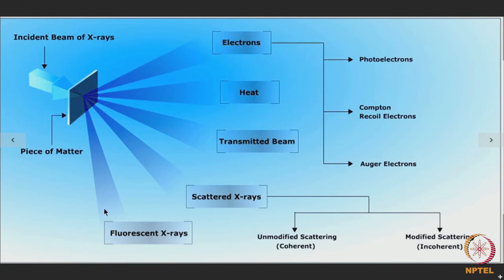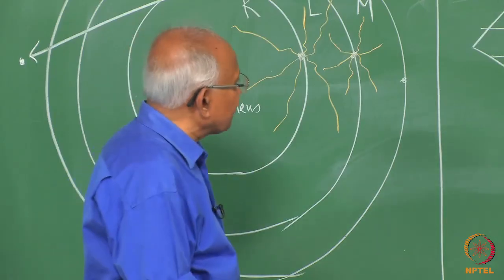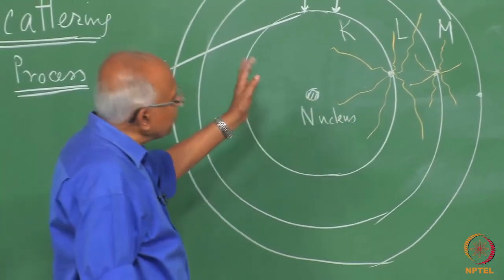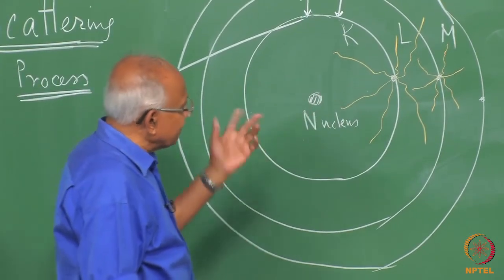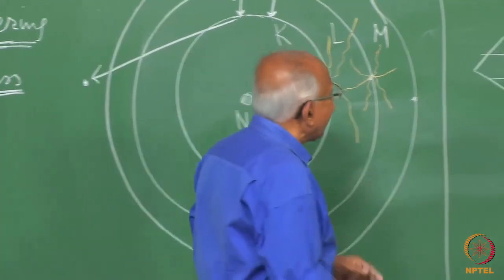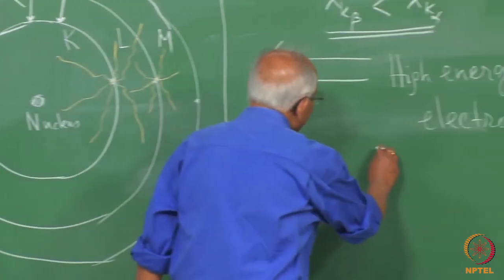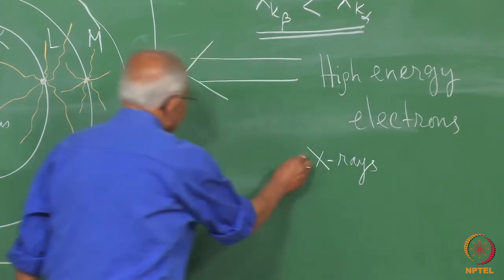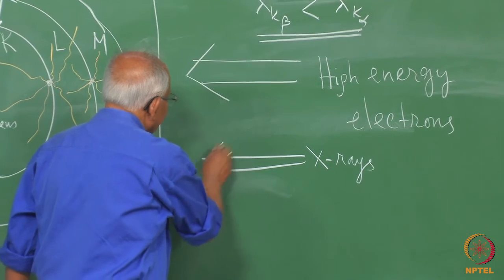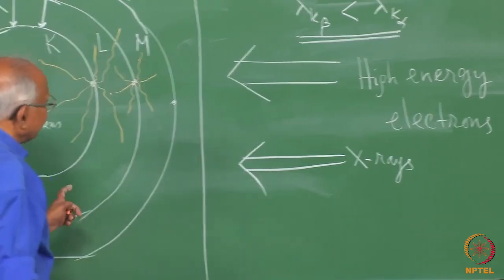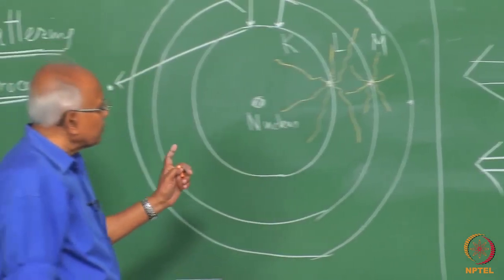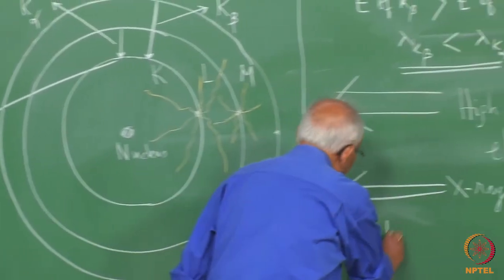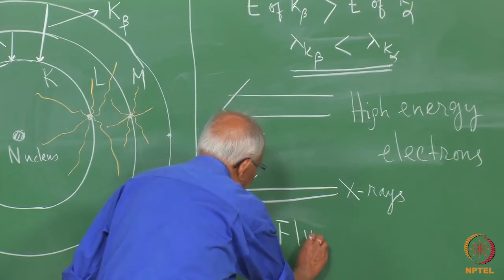You see, just as a beam of electrons, when it strikes a target, produces X-rays, in a similar manner, if we have a beam of X-ray photons striking a metal piece, then also X-rays will be produced, and those X-rays are known as fluorescent X-rays.